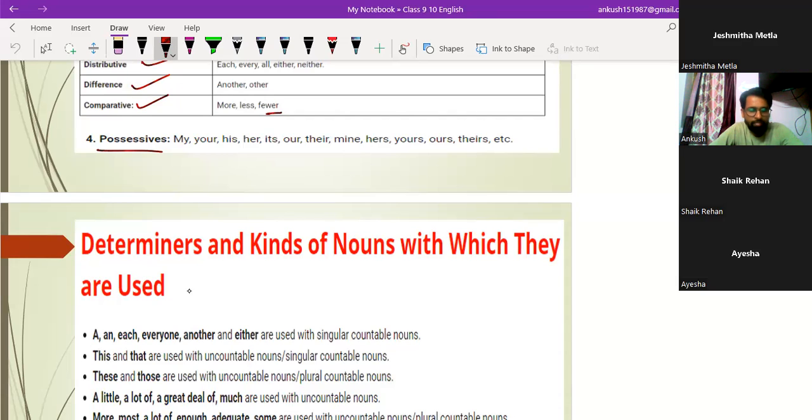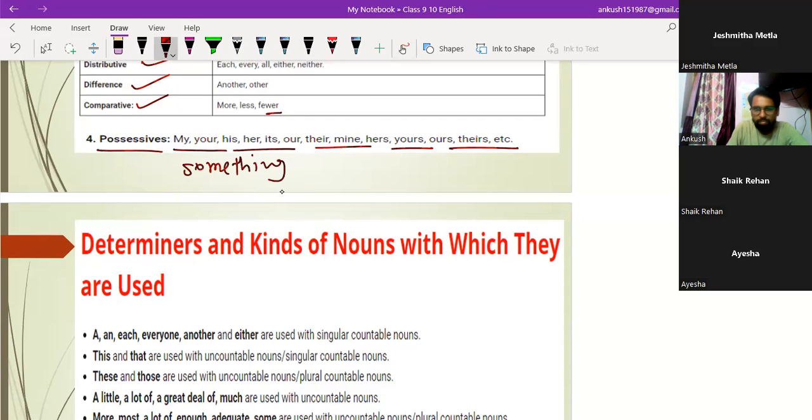You might have learned them in your last class or session. So you must know these possessives. They tell you the possession, that something belongs to someone.